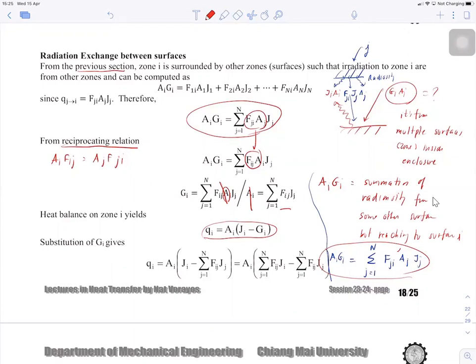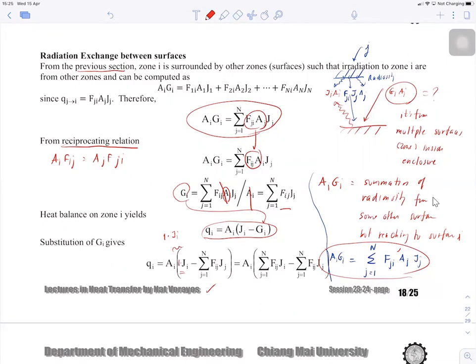But you know Gi, so I just plug Gi in here. This is what I have. And this is 1 multiplied by Ji, right? This term: 1 multiplied by Ji. Nothing wrong about it. I just put 1 multiplied by Ji, which still gives you Ji anyway.